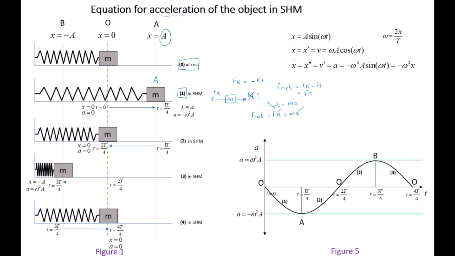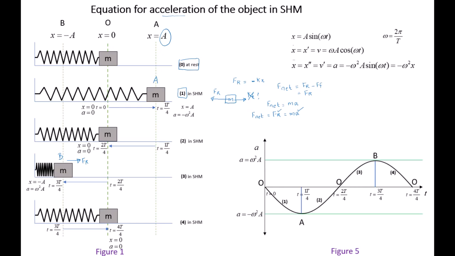But if we move towards the left point, let's say, figure 3, which is at point B. So at point B, x becomes negative, because it is pointing towards left. And therefore, the restoring force will act towards the center. Again, restoring force will be the highest because of the maximum displacement, which is negative a.